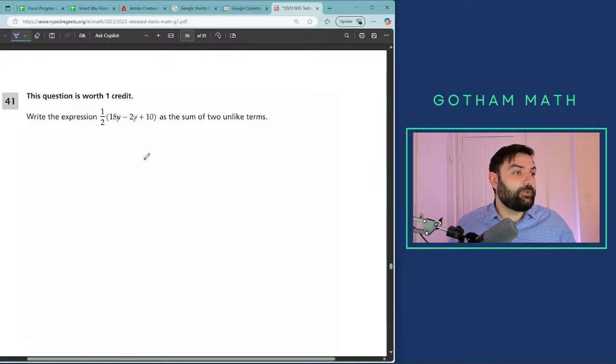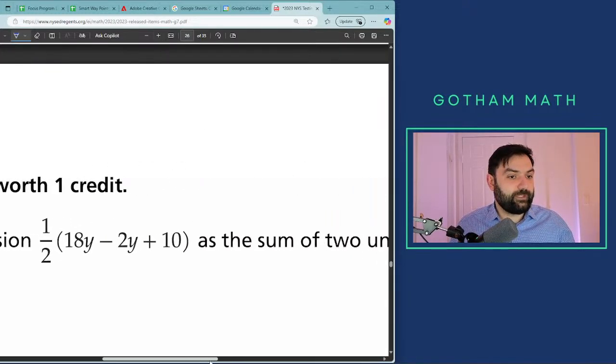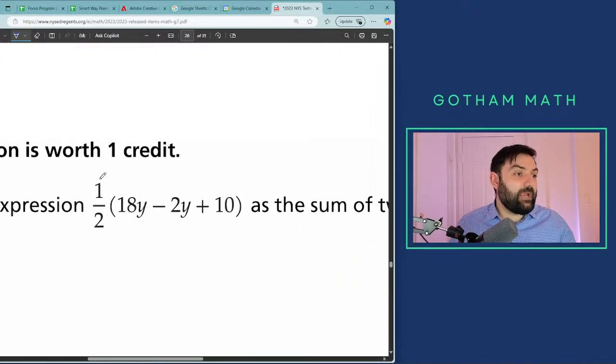So what do we have to do here? This is a classic case where we're eventually going to have to do the distributive property, but first we're going to have to combine the like terms. Look, sometimes what people do is distribute, see the result, then combine like terms.